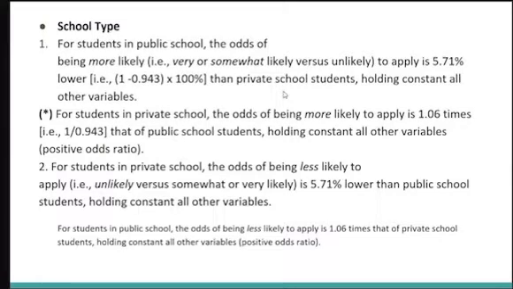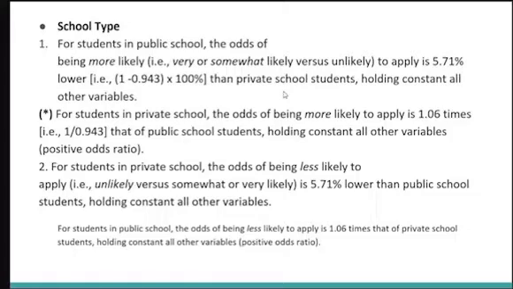that being more likely to apply is going to be 5.71% lower than that of a private school student, holding all other variables constant. Whichever way you want to go, you may want to start with the public school, you may want to start with the private school. So take a look at that interpretation now.